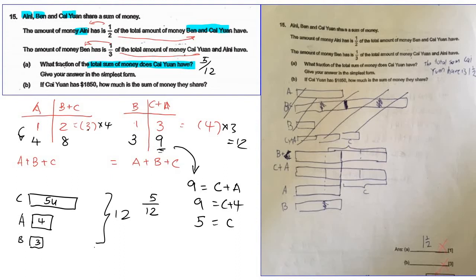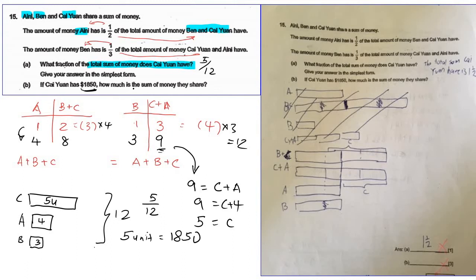And then number 2 is what? If Cai Ying has 1850, how much money do they share all together? So it's very easy. Because you know that in this case 5 units, because I have 5 over 12, equals 1850.